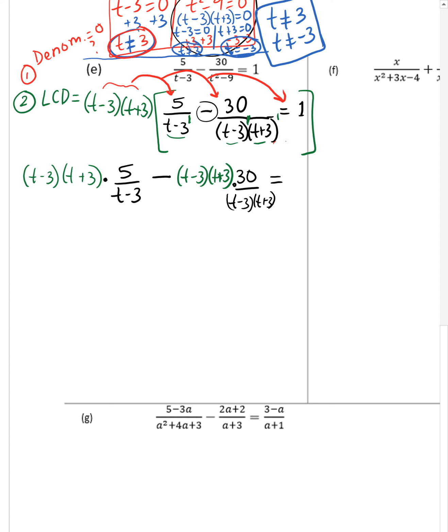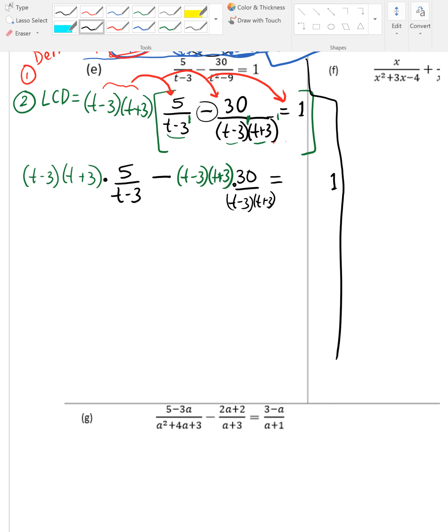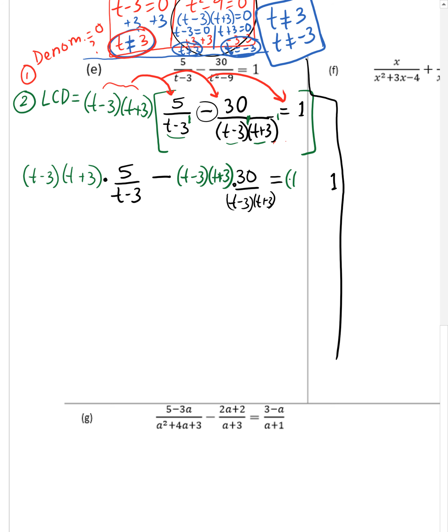And then on the other side as well, we're multiplying the 1 by that common denominator. It's also distributing onto that one, t minus 3, t plus 3. Holy moly. That's a lot. So this 1 just carried down, it's being distributed upon now. This fraction carried down and this fraction carried down. I'm just writing the thing in front next to each of those three things: the first fraction, the second fraction, and the 1.